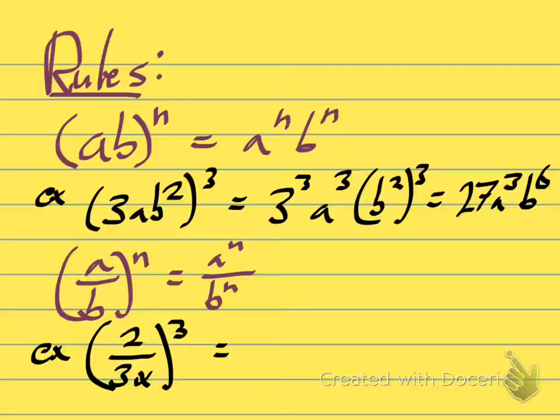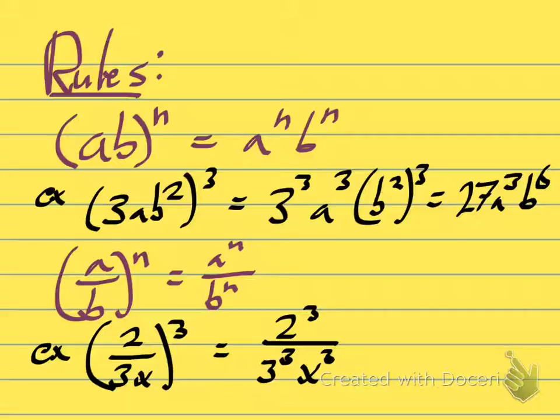So again, backing up to the front slide, the example that I had on that front slide of 2 over 3x all raised to the third power, what we're going to do is we're going to take the third power of all three things that are in the parentheses. The 2 is going to get cubed, the 3 is going to get cubed, and the x is going to get cubed. Okay.